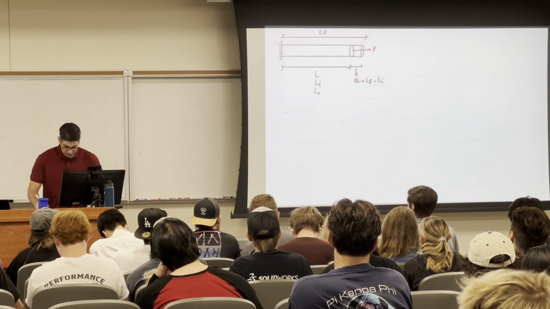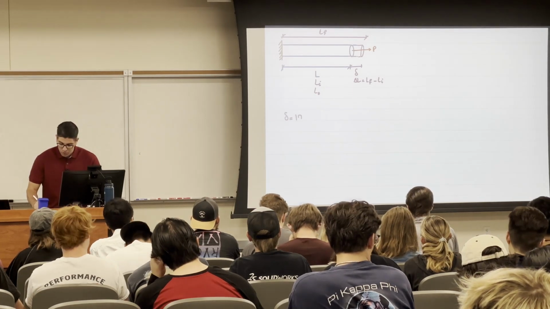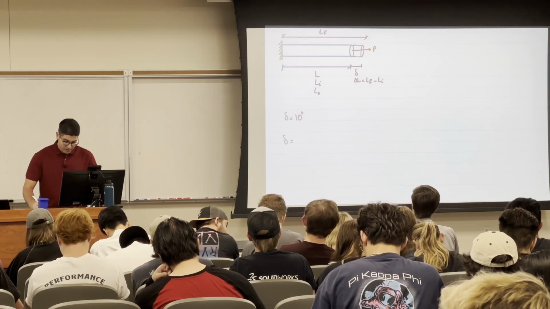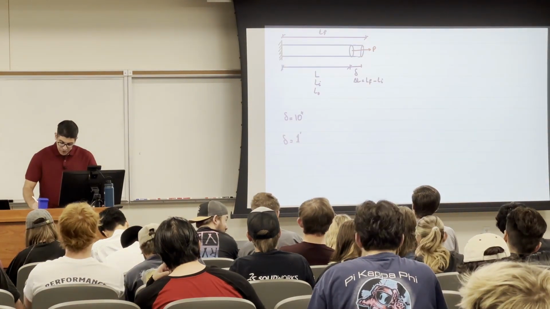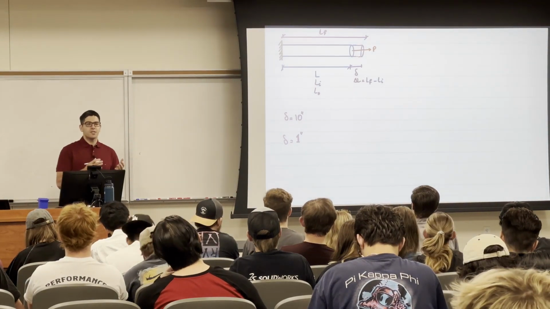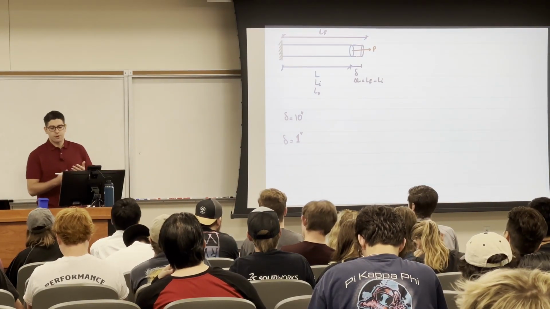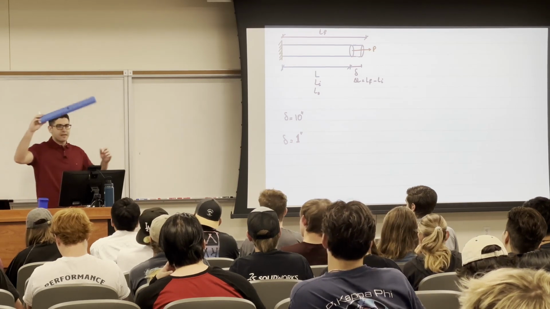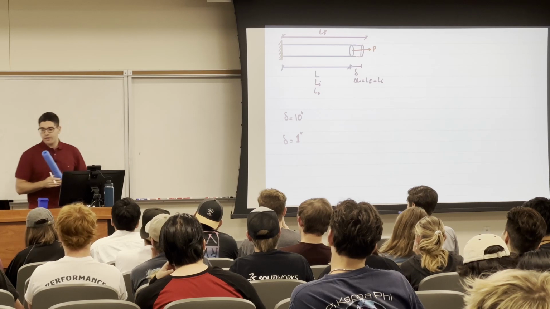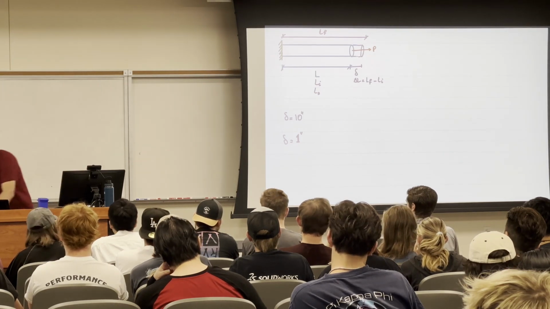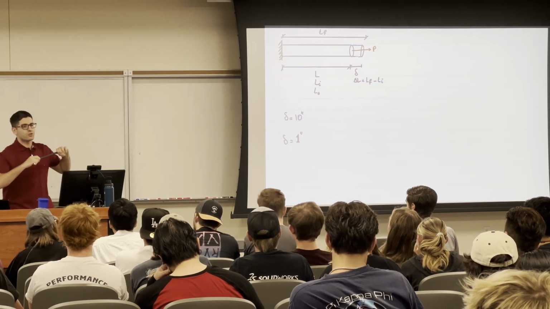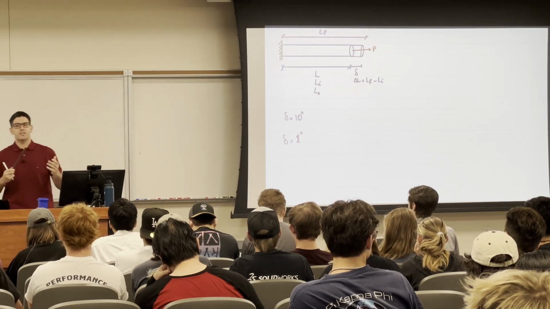If someone came to me and told me, okay, I have a delta of 10 inches, and another one came to me and told me that I have a deformation of 1 inch, I can't tell if the material is going to break or not, because for example, this plastic tube, if I elongate it too much, it can break. We don't want that to happen in buildings. We don't want this steel bar, when you elongate it, to break in the real structure. That's why we want to know what our limit is.